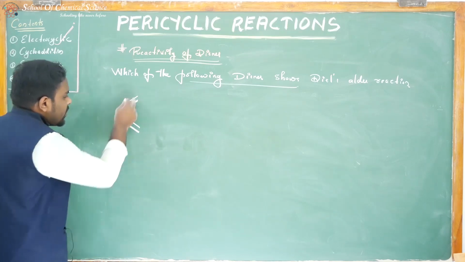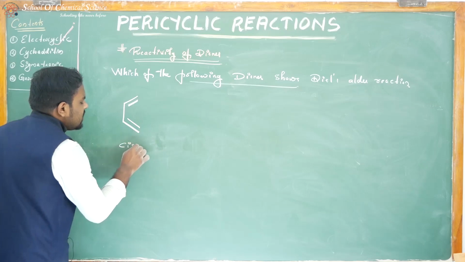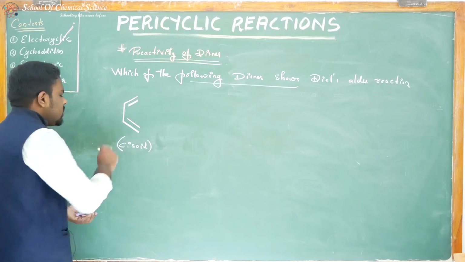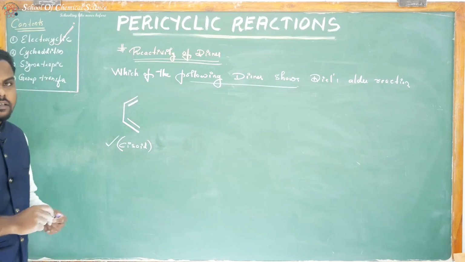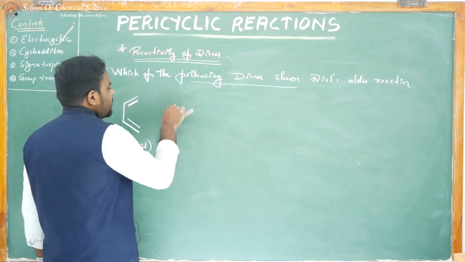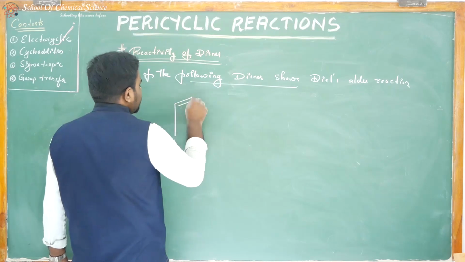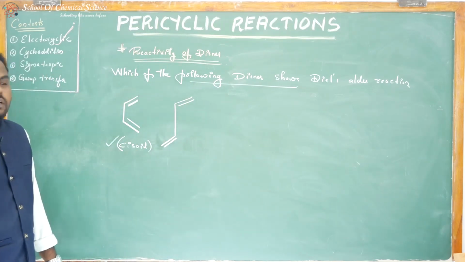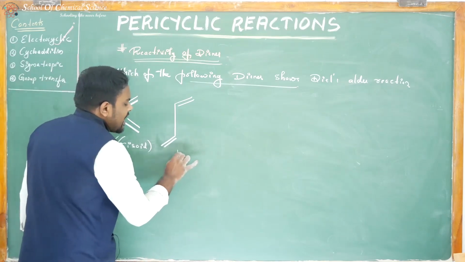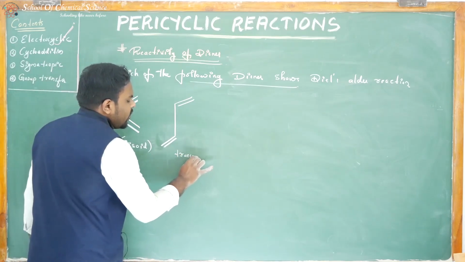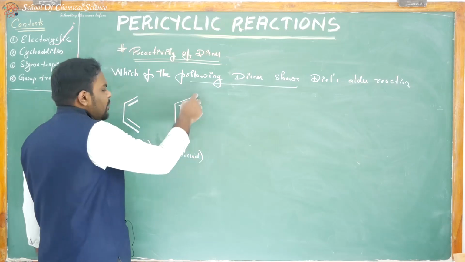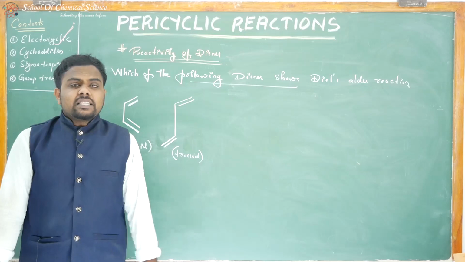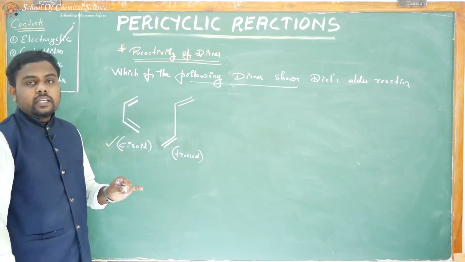Yes. Because this diene is in cisoid conformation, it will show Diels-Alder reaction. Then the next one: this diene is in transoid form. That means the two double bonds are on opposite sides, so it does not show Diels-Alder reaction in this conformation.